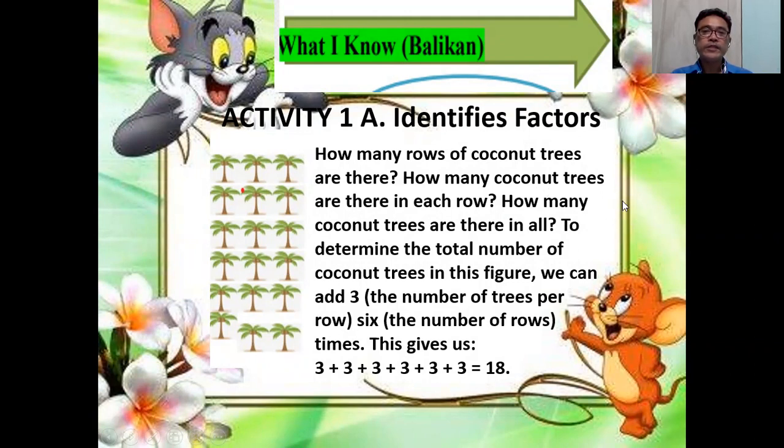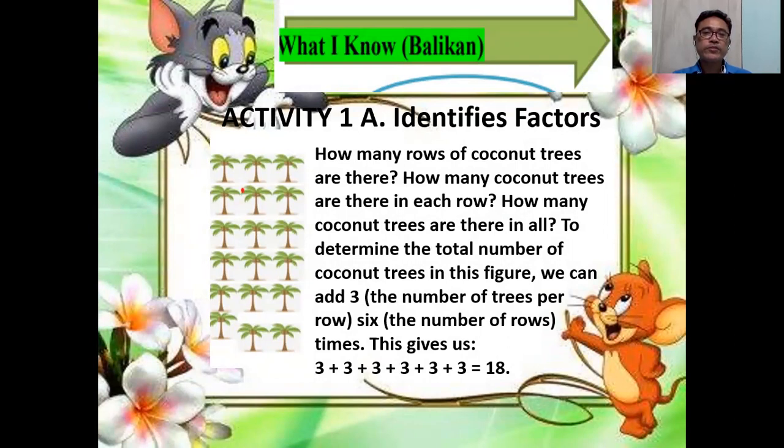How many coconut trees are there in each row? If your answer is 6, you are right. How many coconut trees are there in all? If your answer is 18, you are correct.